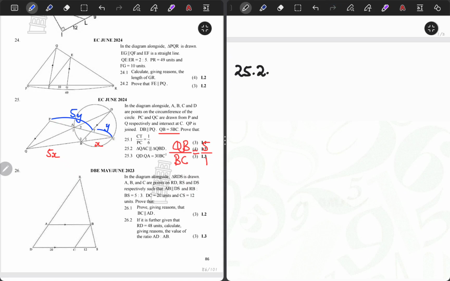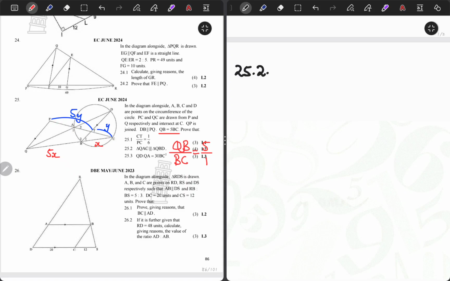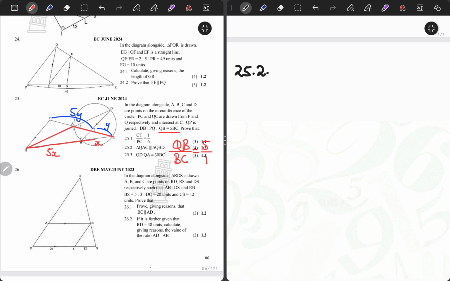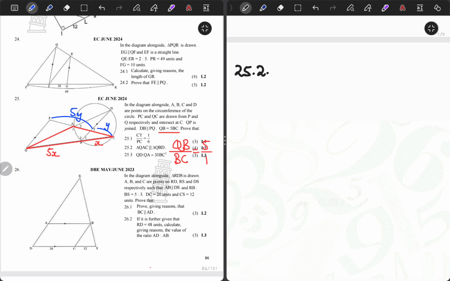Now we need to prove that triangle QAC is similar to QBD.